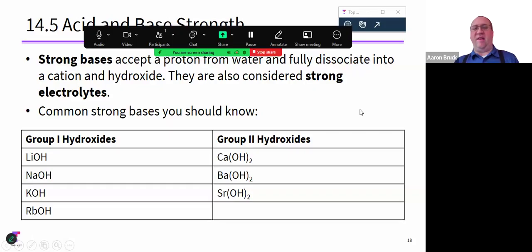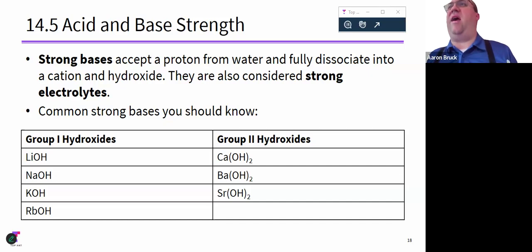Strong bases, again, same kind of thing. When these things dissolve in water, the hydroxide cleaves completely from the cation and goes and reacts with the water. So where do we find those?